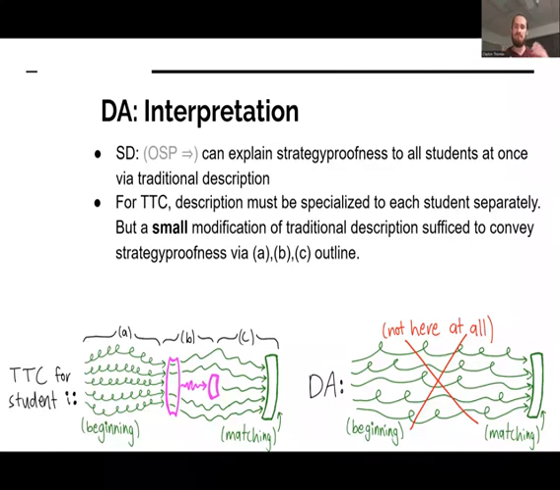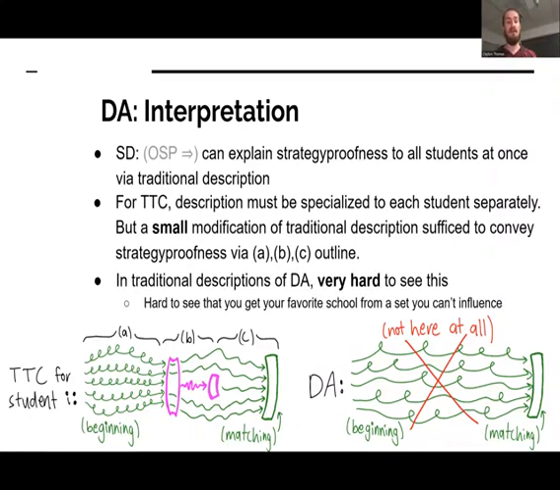For TTC, this wasn't quite possible, and in fact, the description has to be specialized to each student separately. But conditioned on this, our life was as nice as possible. A tiny little modification of the traditional description of TTC sufficed to convey strategy proofness via this canonical ABC outline.